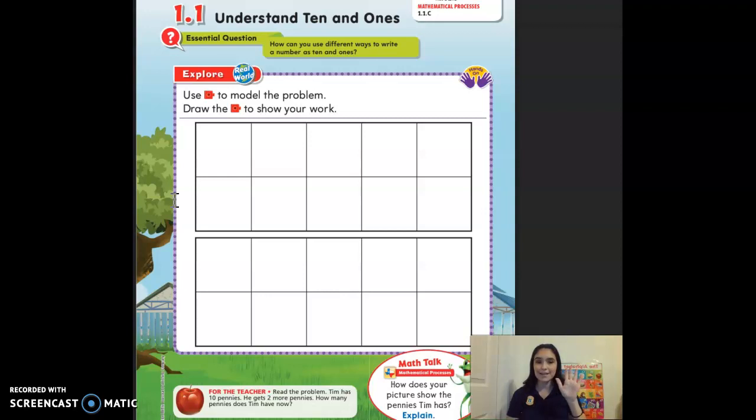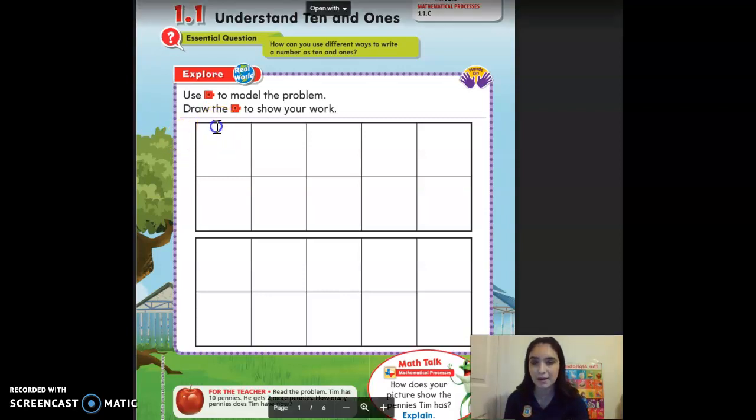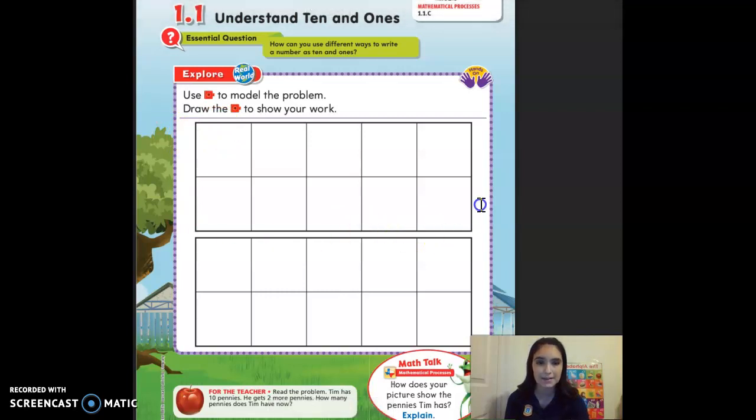Correct. Tim has 10 pennies. So that means we're going to use this 10 frame to show how many pennies Tim has. Does anyone know why it is called a 10 frame? Okay, a 10 frame means that it has 10 squares, 10 of these little cubes.